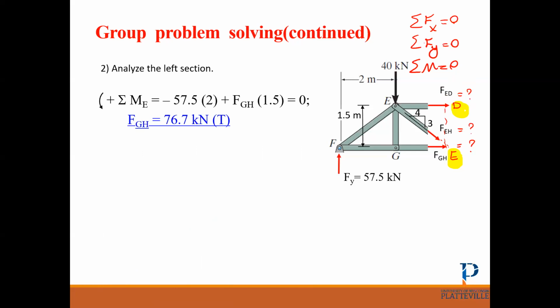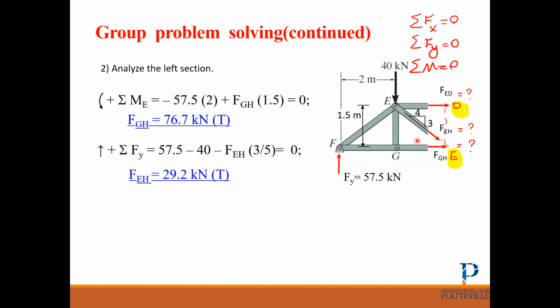Using sum of Fx or Fy to find the other unknown. For example, I start with sum of Fy and I can find FH. All right, go ahead and find the force by writing sum of Fy. Okay, so the only forces in the y direction are the reaction 40 and the y component of this one, correct?